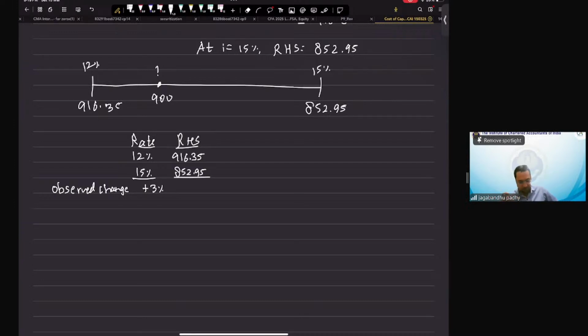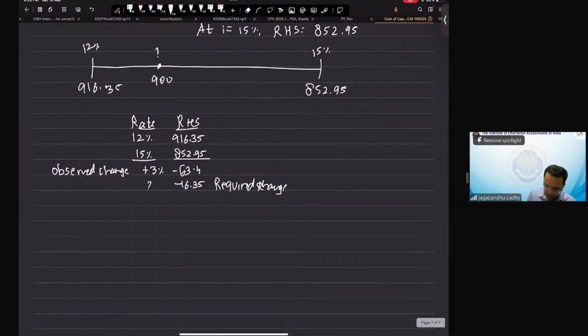The difference, 916.35 minus 852.95. What's the difference, guys? 63.4. Okay. And what is the required change? There's a fall over here. Required change was minus 16.35.